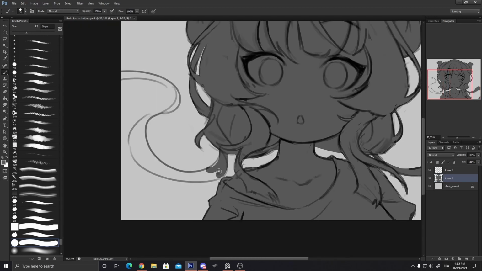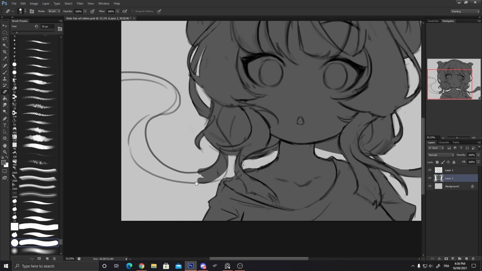For example, I noticed while filling the sketch that this hair strand is weirdly touching her shoulder in this exact spot, which shouldn't be happening, so I make sure to separate them as much as possible.